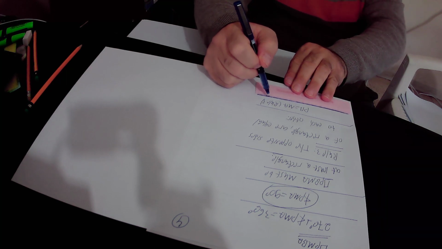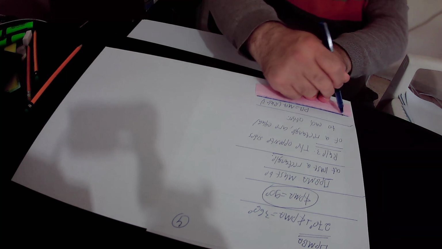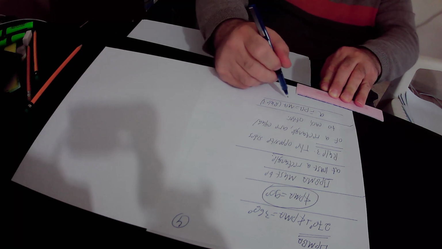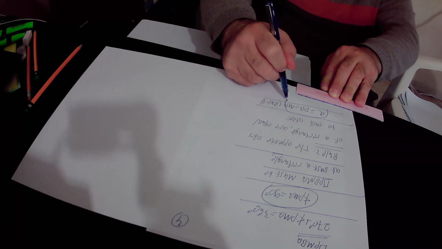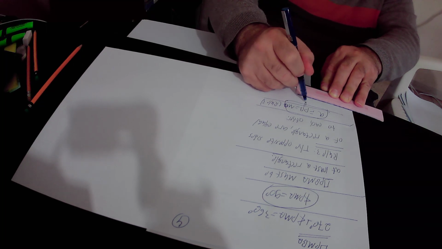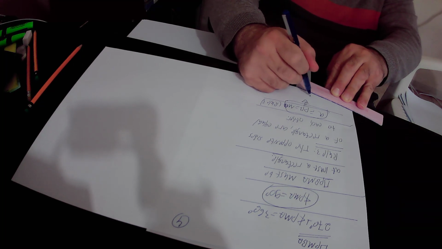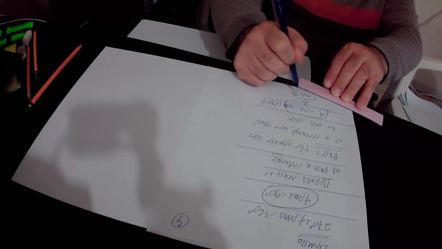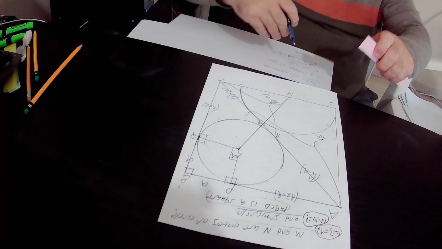But PB is equal to A according to our definition. So from A equals PB equals MQ, we will derive that MQ is also equal to A.